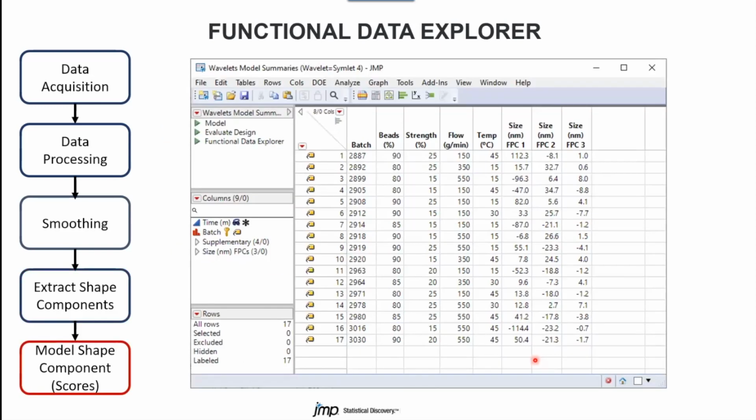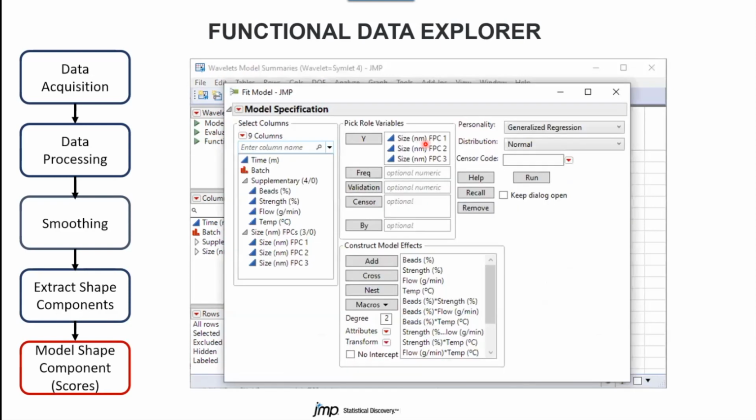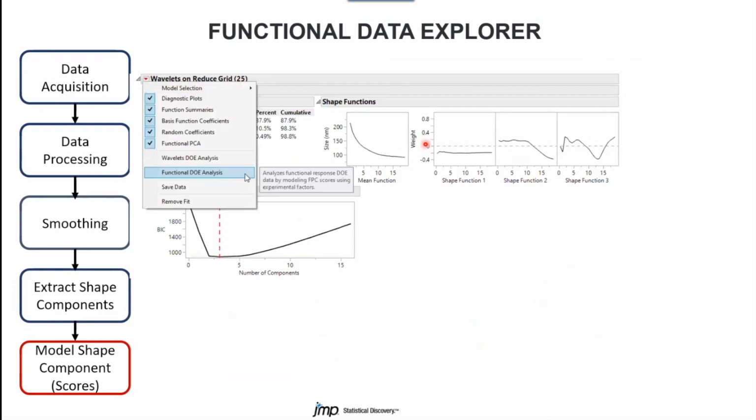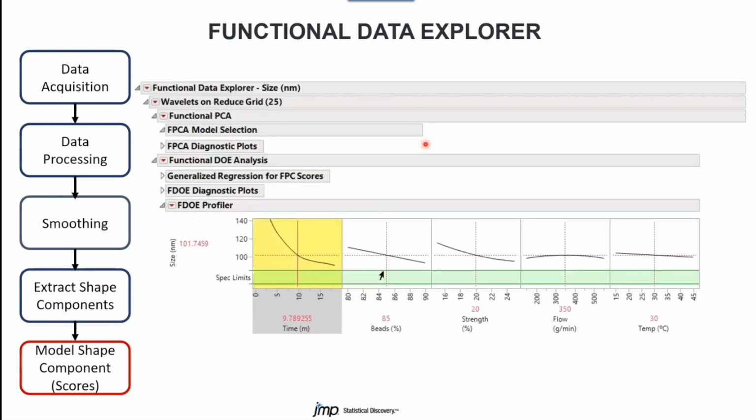Now, what we could do is extract the shape components, merge them with a DOE factors table, and then model the functional principal component scores using the factors as inputs, just like a standard DOE analysis. But thankfully, JMP makes it easy for us to have this done automatically with a red triangle menu that leads to a functional DOE analysis.